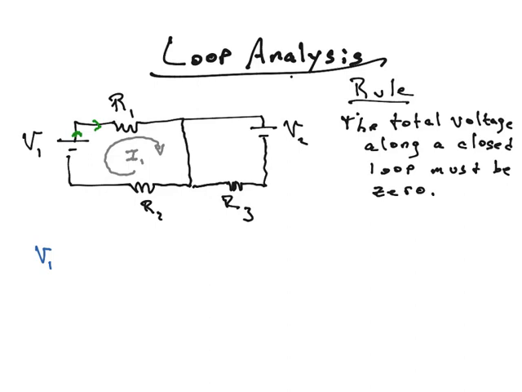I times R gives you a V. So, when this current I1 hits this resistor R1, some of this voltage is dropped. It's used up by the resistor. So if it's dropped, that means we're going to subtract it away from what was there before. Thus, we started with V1. Our current hits R1, so we drop some amount of voltage. How much voltage do we drop? Well, of course, we drop I times R.